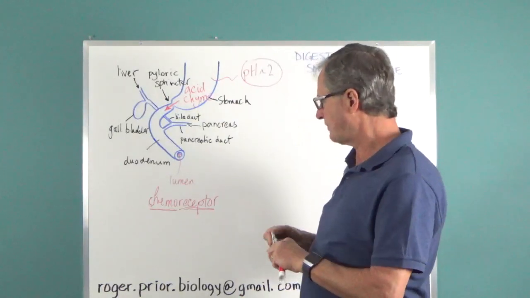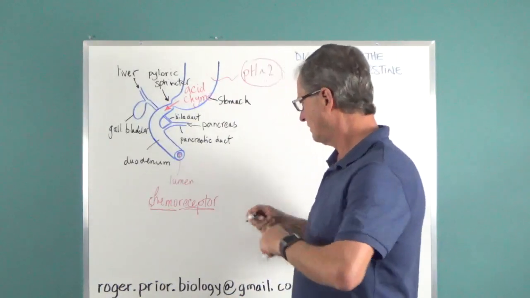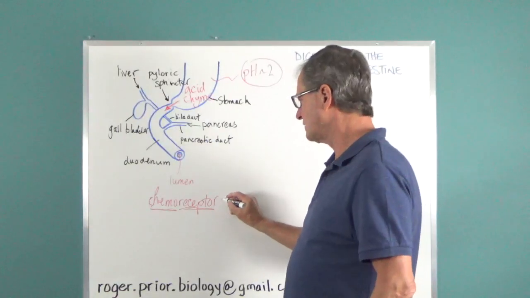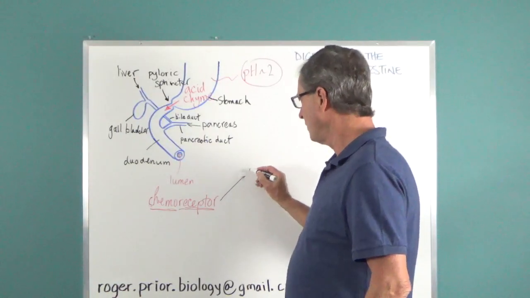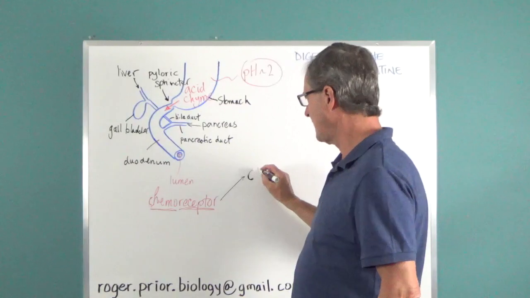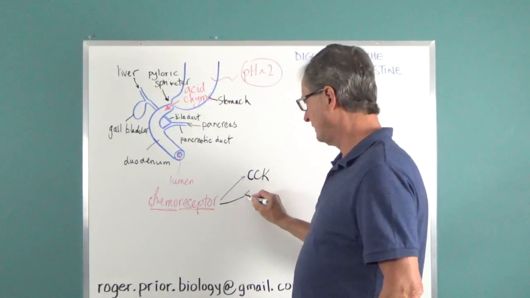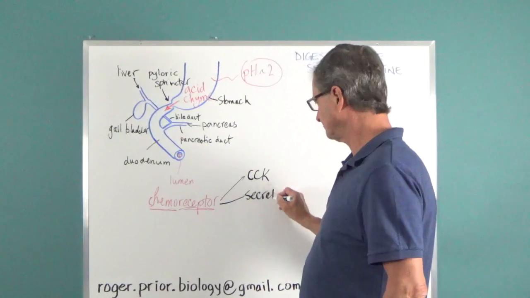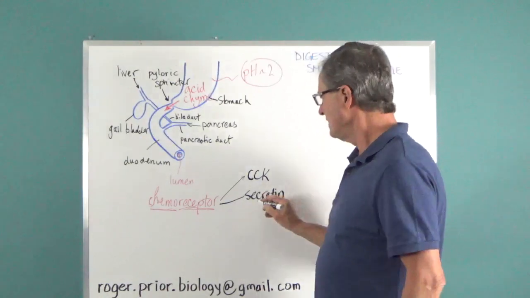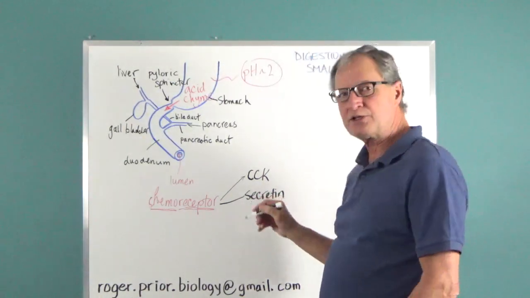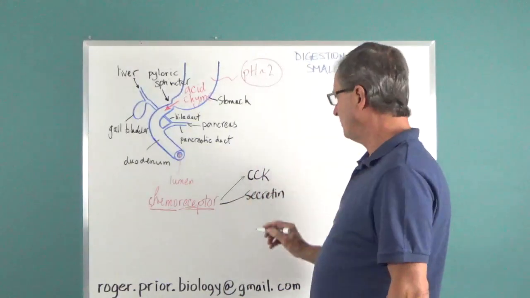The chemoreceptors here cause the release of 2 different kinds of hormones. One of these hormones is called CCK, and the other one is secretin. Secretin is released specifically because of the low pH.